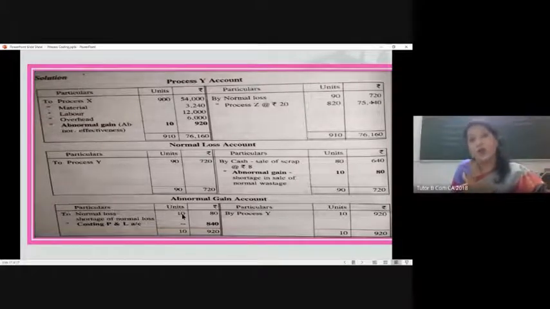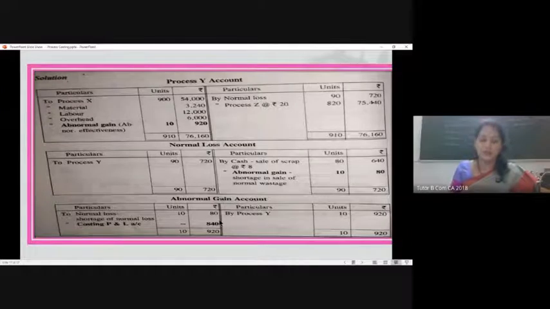Expected normal loss. Actual loss is lower than the expected normal loss. So in that case, that will be quoted as abnormal gain. Now the accounting treatment for that will be the process account will be debited, and the gain achieved will be credited in the abnormal gain account. Right? This is what we had been discussing.